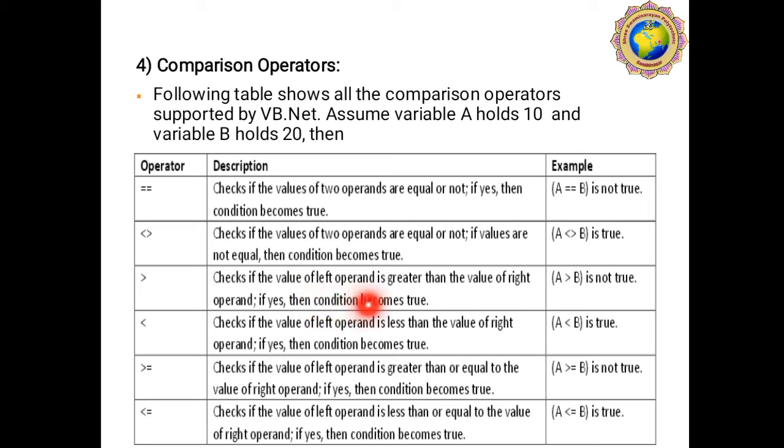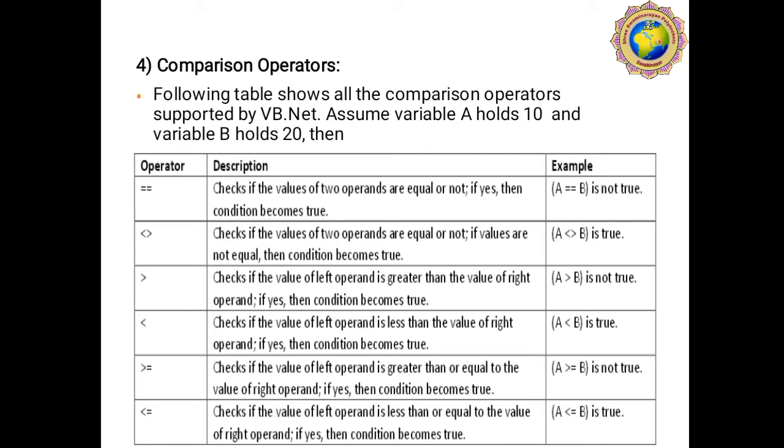If yes, the condition becomes true. So here A greater than B means 10 greater than 20. Is this condition satisfied? No. Why? Because 10 is not greater than 20. 10 is less than 20.